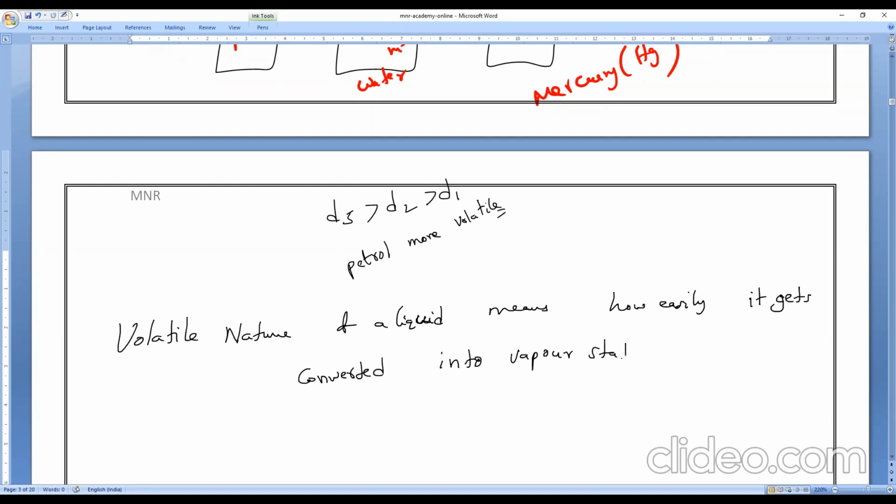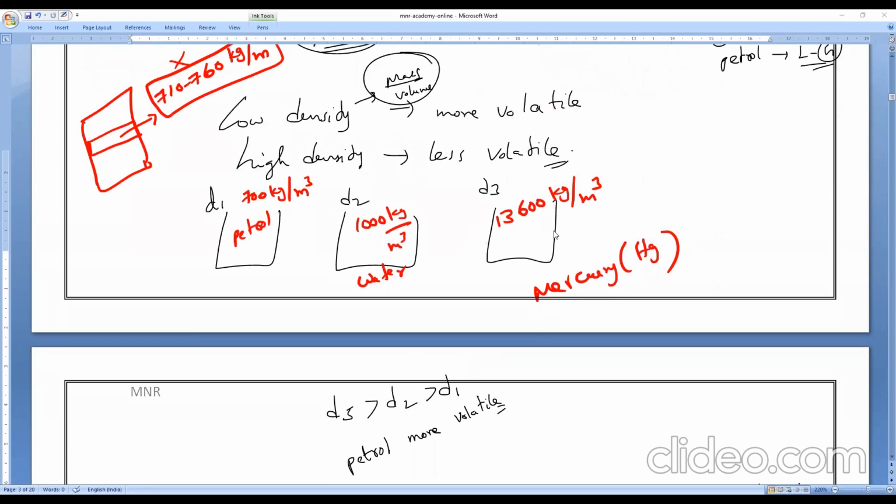So low density, high volatile in nature. High density, low volatile. Clear? Opposite: density increases, volatility decreases, and density decreases, volatility increases. Is it okay, guys? Please respond. All of you understand?